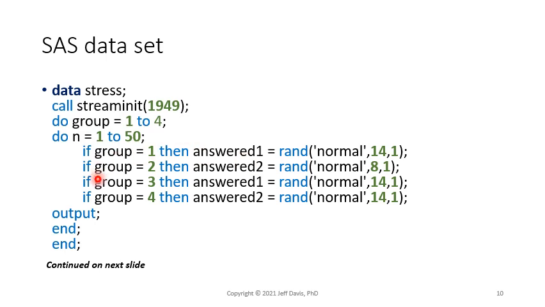Then if group equals 2, answered 2 has this distribution. As you'll see in just a minute when we get to the formatting statement, group equals 1 represents group A at time 1, and group 2 represents group A at time 2.